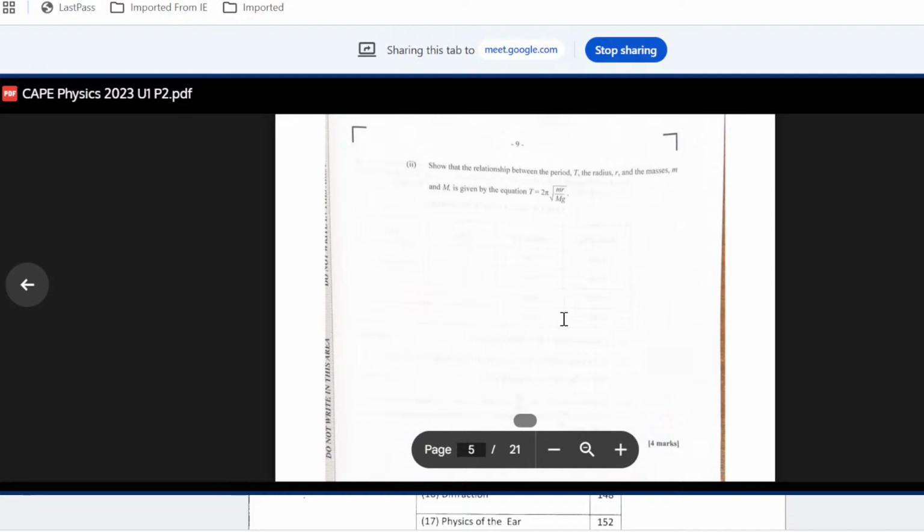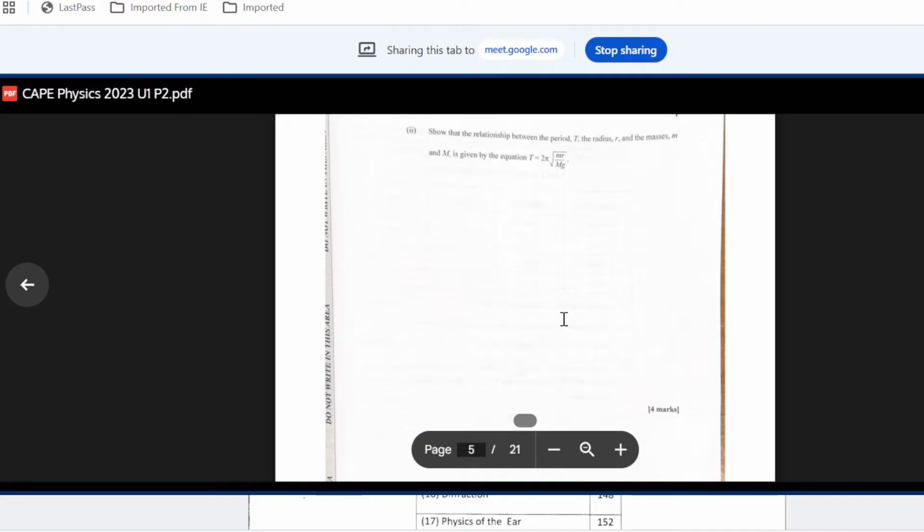So here's how they can ask a derivation question now. Show that the relationship between the period T, the radius r, and the masses m and M is given by the equation T equals 2 pi m r times the square root of m r over M g.